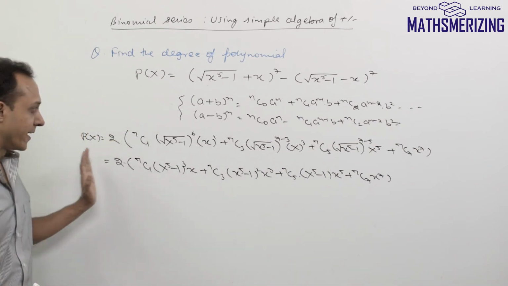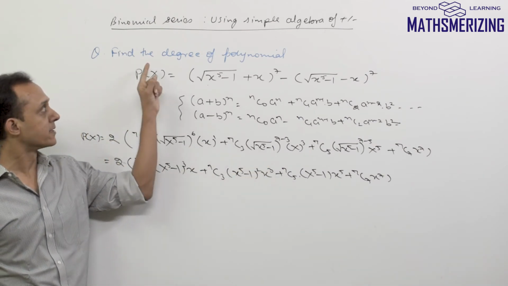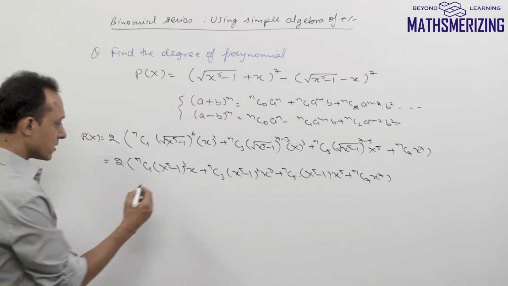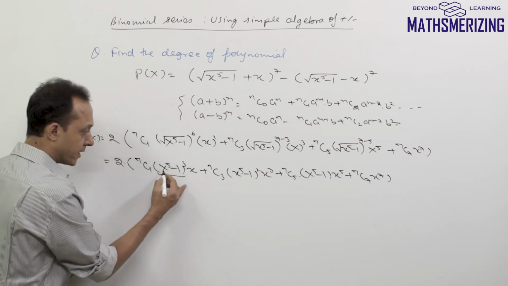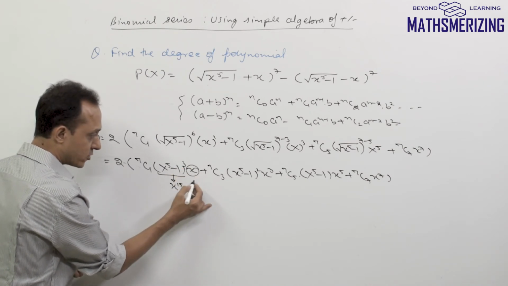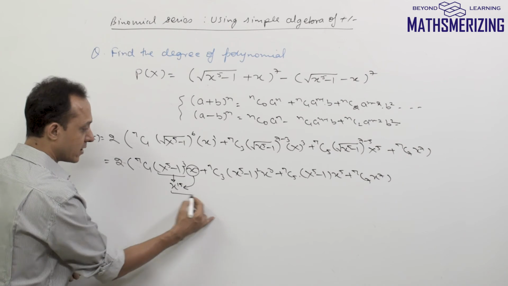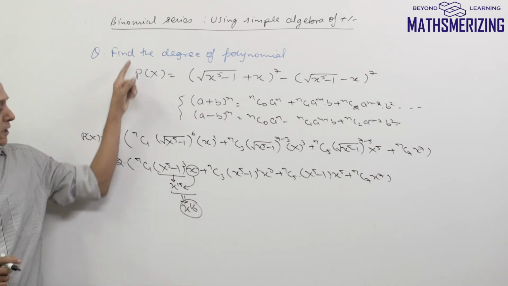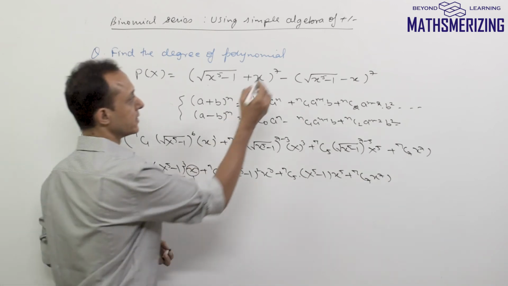Now I'm not interested in expressing it as a polynomial. All I'm interested in is finding the degree of this polynomial. So I need to find the highest power of x. From the expression (x⁵ - 1)³, I'll get x¹⁵, and this x¹⁵ will get multiplied with this x. So the highest power of x in this case will be 16. So the degree of this polynomial will be 16.